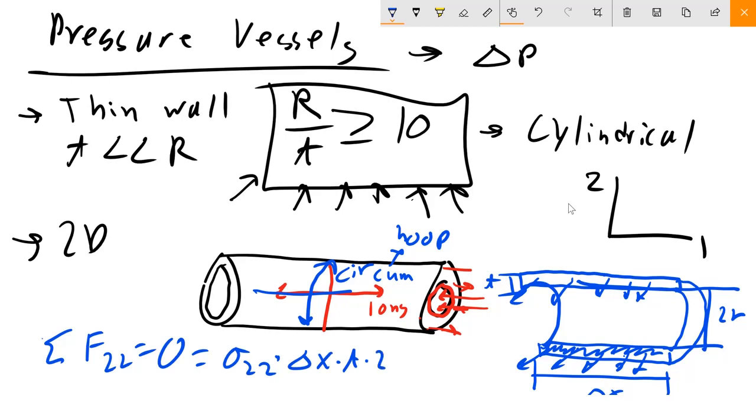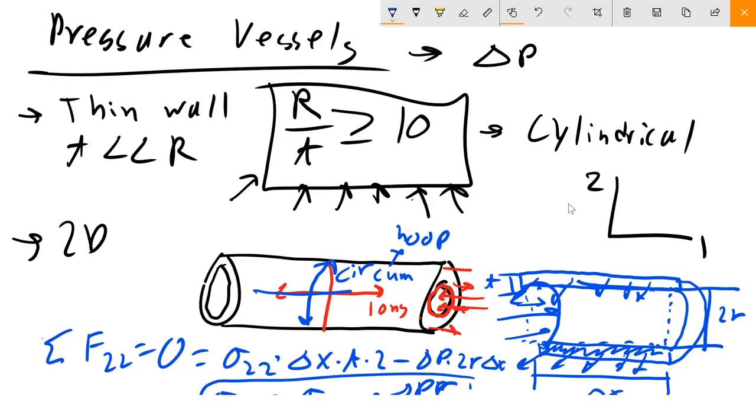And then this area here is where the pressure is being exerted, on this square region. That region is going to be 2R times delta X. So minus delta P opposing times 2R delta X. You set that equal to 0, and you find that sigma 2, which is our hoop stress, is equal to delta P R over T, the radius.